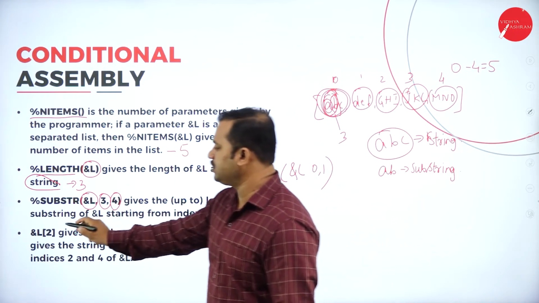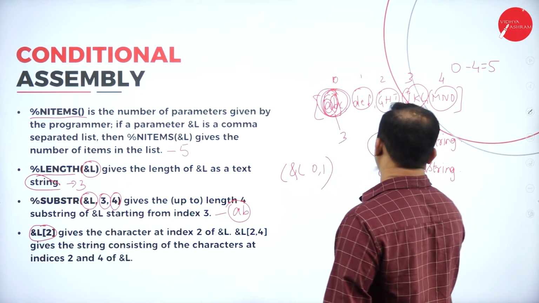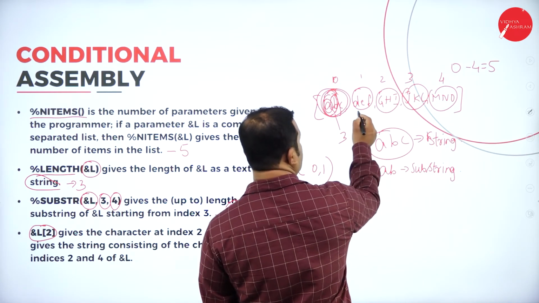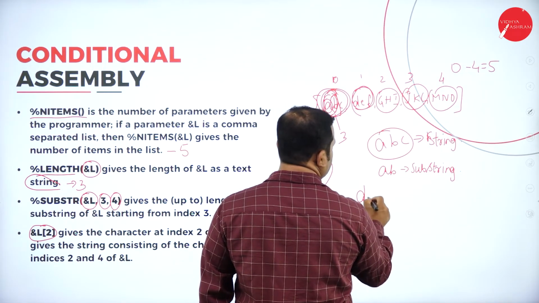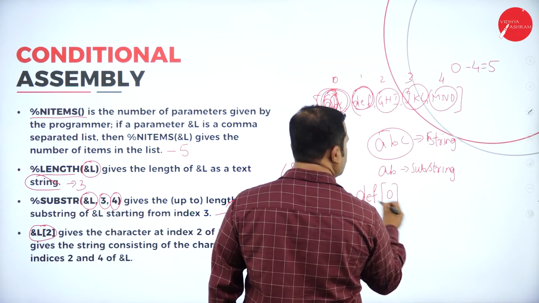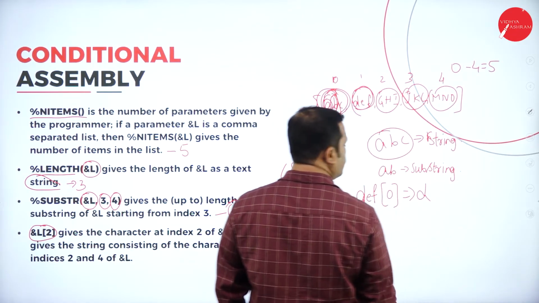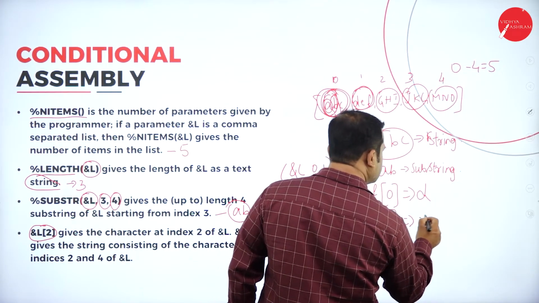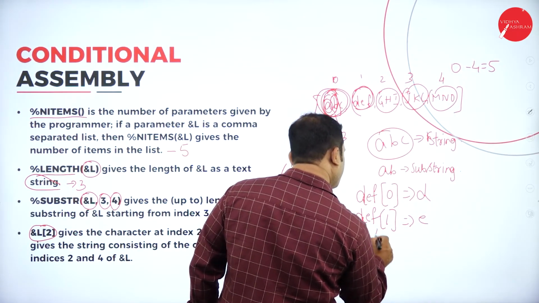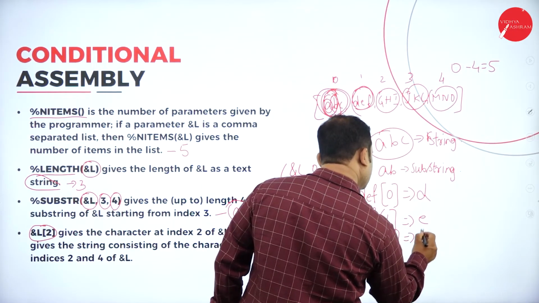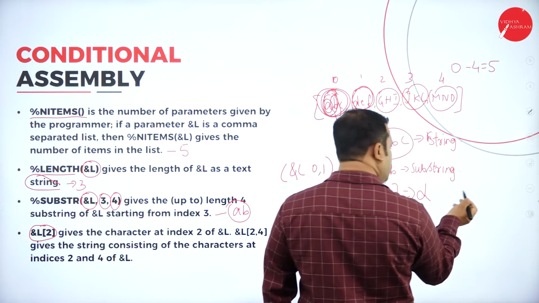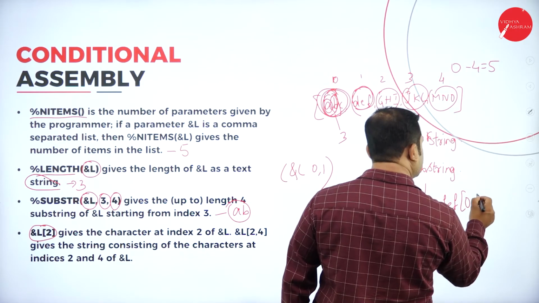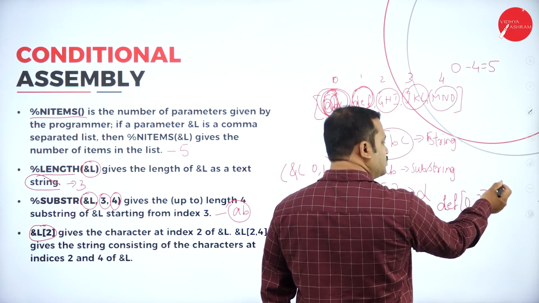So similarly, the indexing operation is also possible. L of 2 gives the character at this position. Then we have the indexing like this. What is the message I have? DEF of 0 returns D. DEF of 1 returns E. DEF of 2 returns F. So similarly, in MATLAB and higher level languages, or in Python, like this, DEF of 0 to 2, that is 0, 1, 2, which is less than 3.